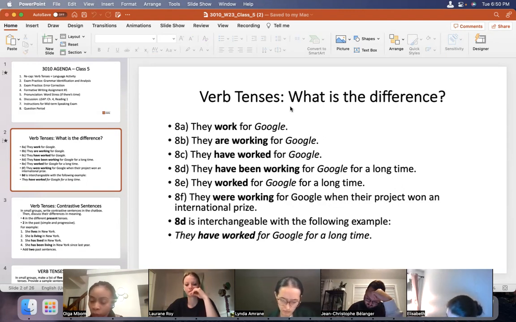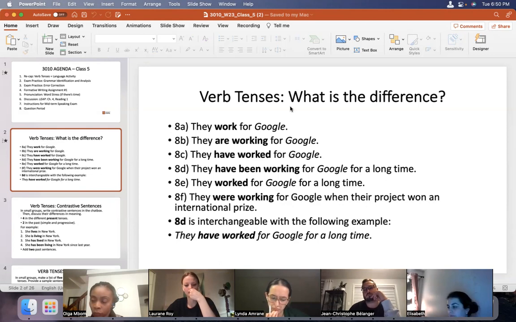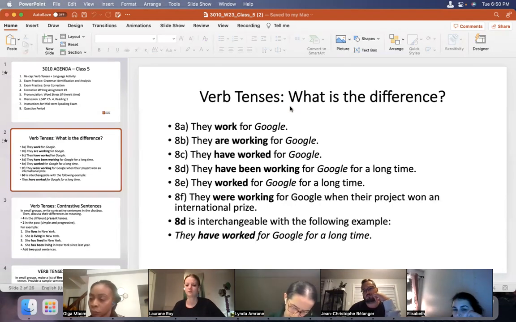Now, class, listen, all I want to say here is I put this there because I want you to realize that this is accepted in English. There are 3 verbs: to work, to live, and to study. These 3 verbs, English people take the shortcut.